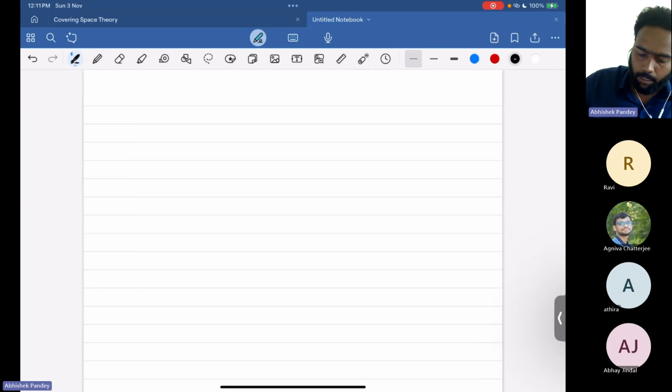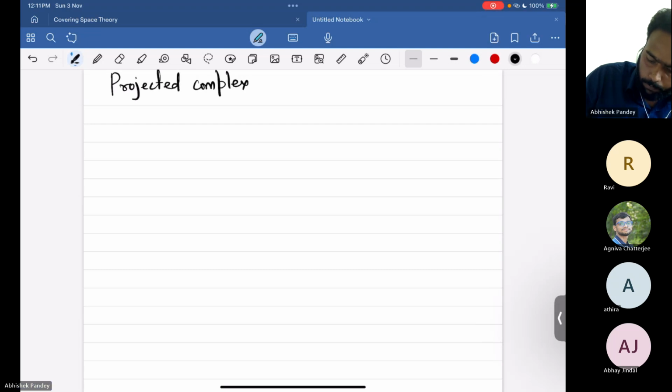Now the same thing can be done, which we'll call the projected complex structure. Okay.